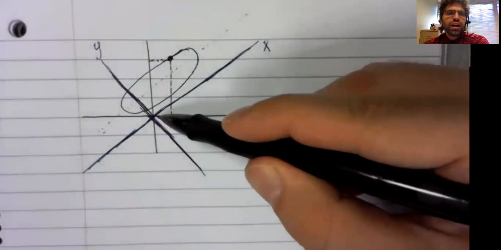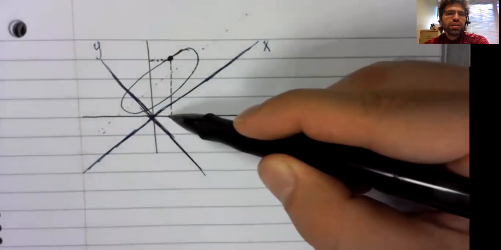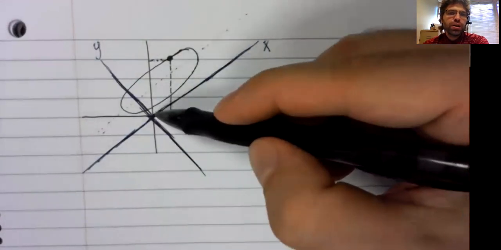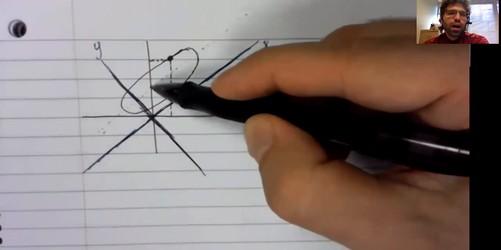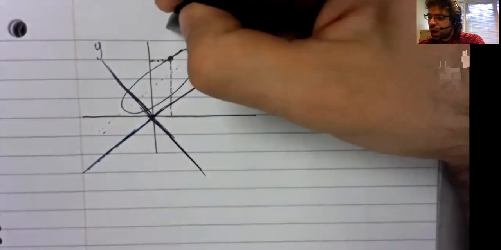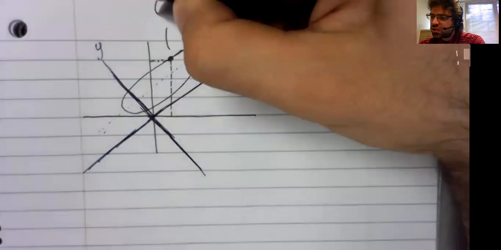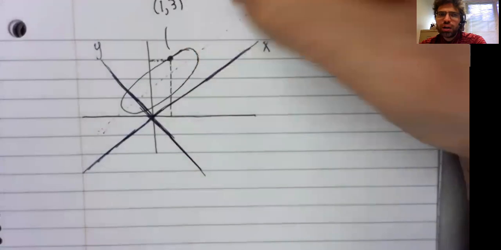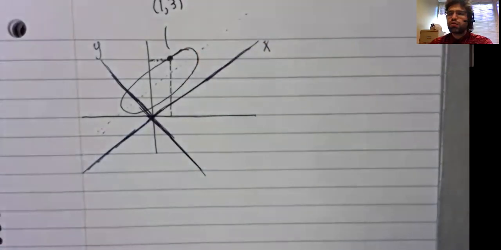We go along the x-axis by this amount. That's the x coordinate. We go up the y-axis by this amount. That's the y coordinate. Maybe this is the point 1, 3.